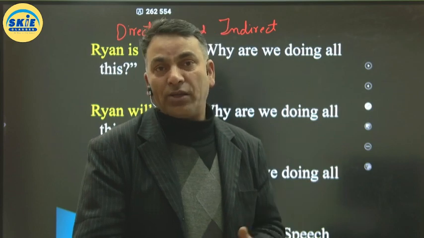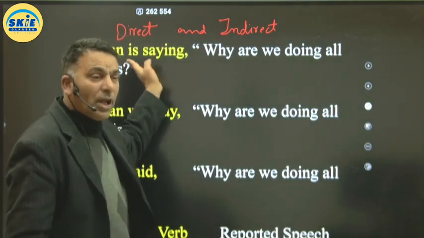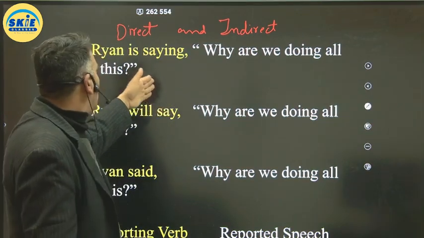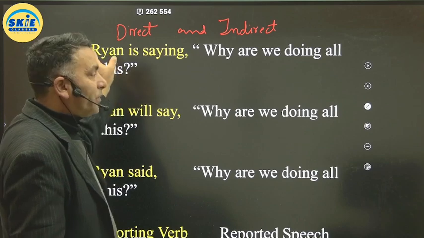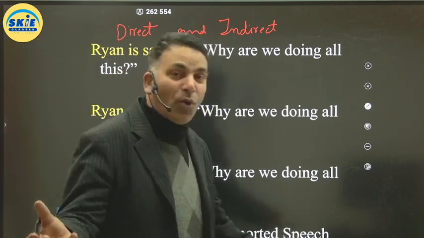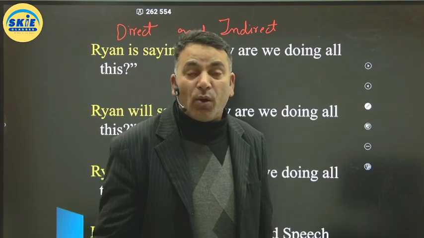Direct and indirect. The first thing that I would like you to see here is, I have written a couple of sentences here. I was having a class with another student, Ryan. The first thing that Ryan asked was, why are we doing all this? An American student asking, why are we doing all this?